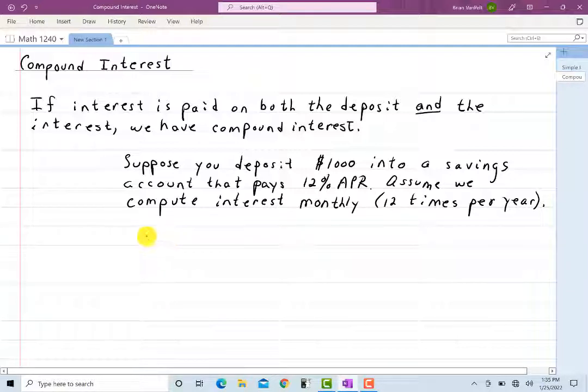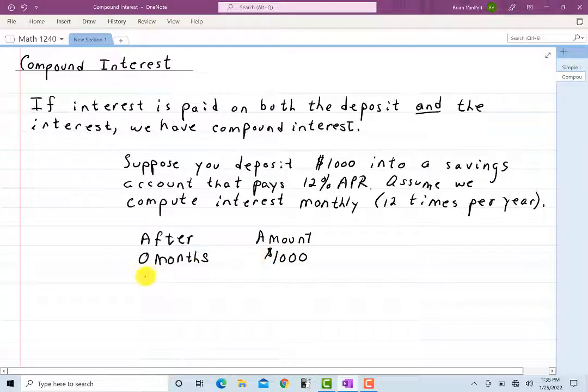And then we'll call it amount for the account value. So let's say start with 0 months. You're going to have your initial deposit, of course.